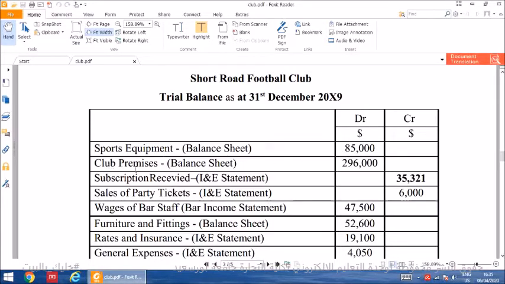Normal balance for club premises, debit. Subscription revenue, normal balance, credit. Sales of party tickets, revenue, 6,000 credit. Wages, expenses, debit.